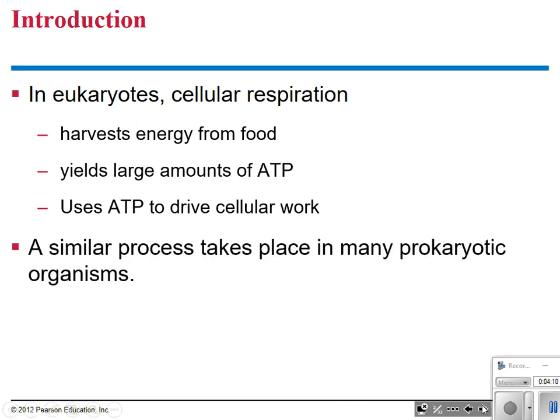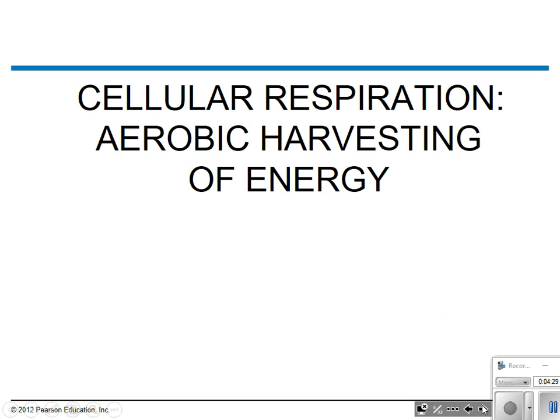A similar process also takes place in many prokaryotic organisms. Well, let's look at this whole cellular respiration.